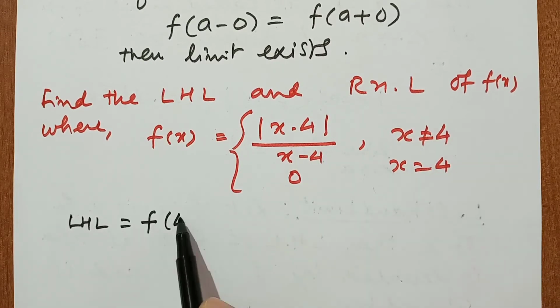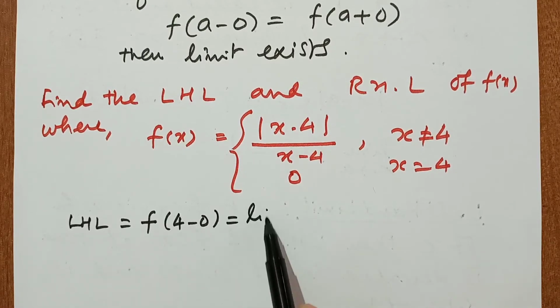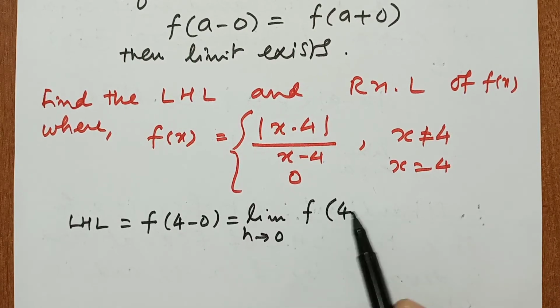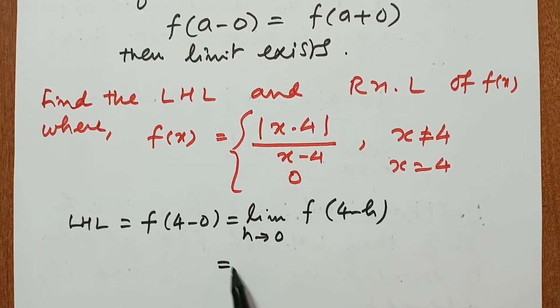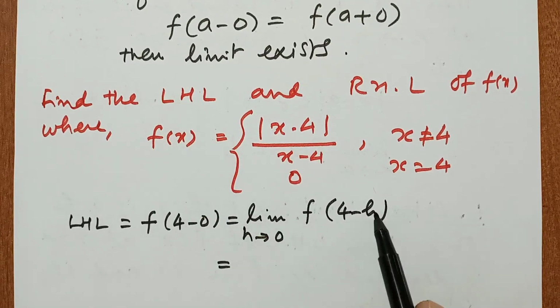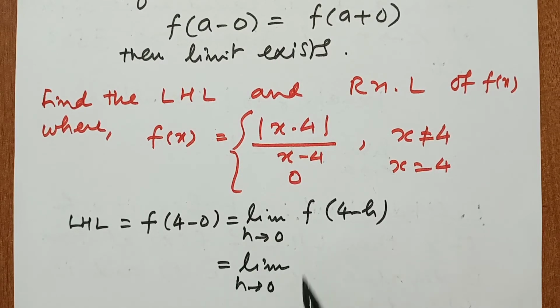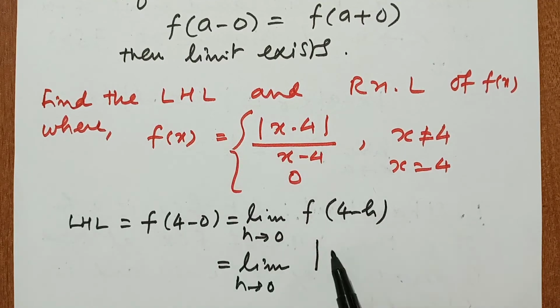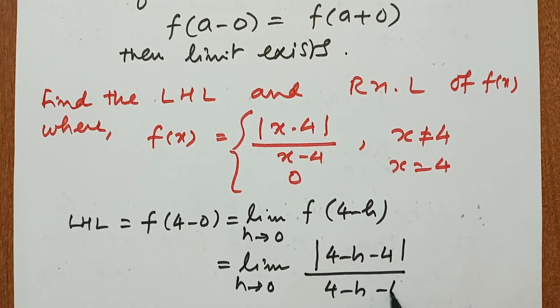So f(4 minus 0) is equal to limit h tends to 0 f(4 minus h). Putting x as 4 minus h, we get limit h tends to 0 mod of (4 minus h minus 4) upon (4 minus h minus 4).